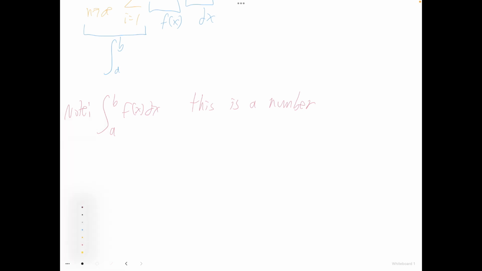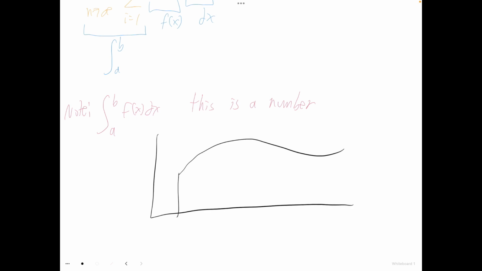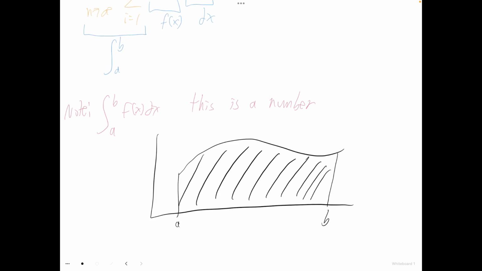So if we look at a graph of some function from a to b, then this area here is literally just the integral from a to b of f of x dx. It's just a shorthand for the type of thing we were doing before.